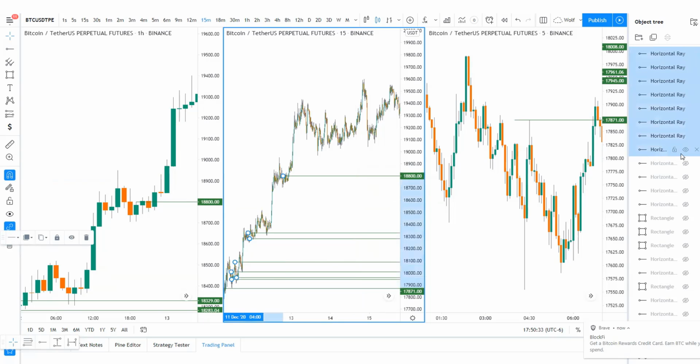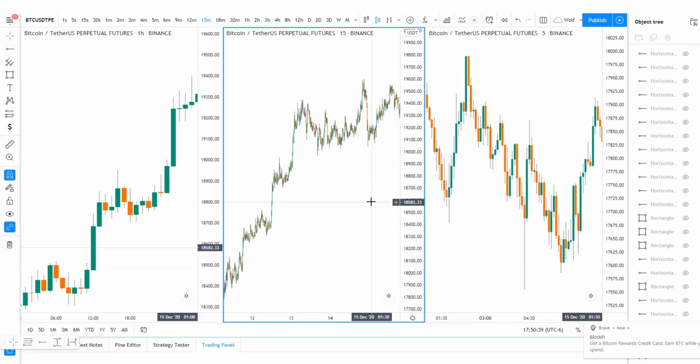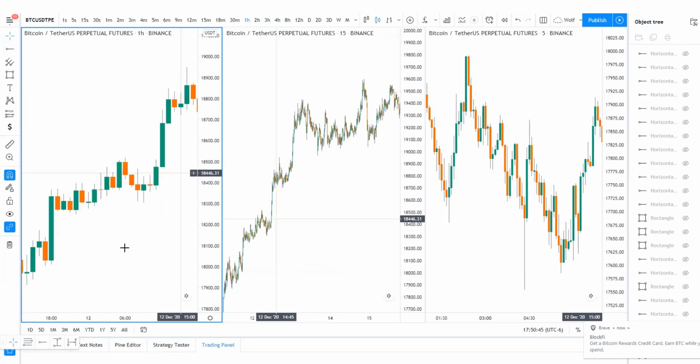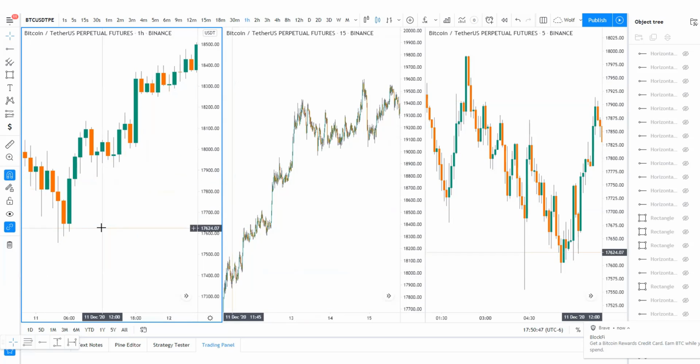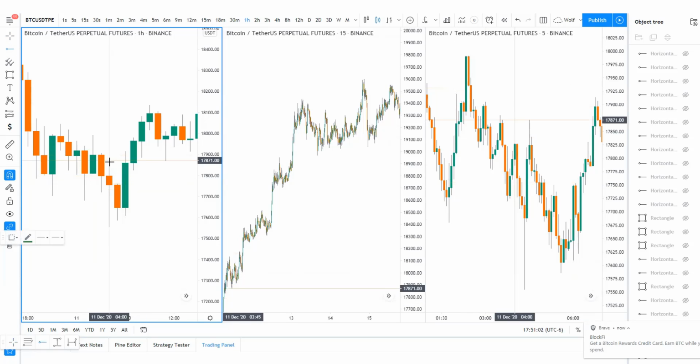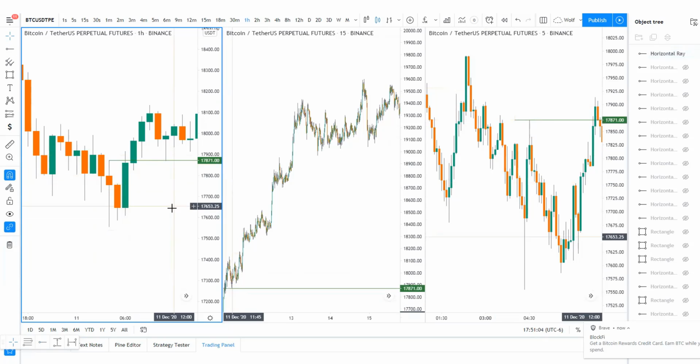I don't really go by patterns, so to speak. To me, it's simply, well, let's just put it this way. The furthest outside point that price went, the candle that contains that information is always a point of interest.